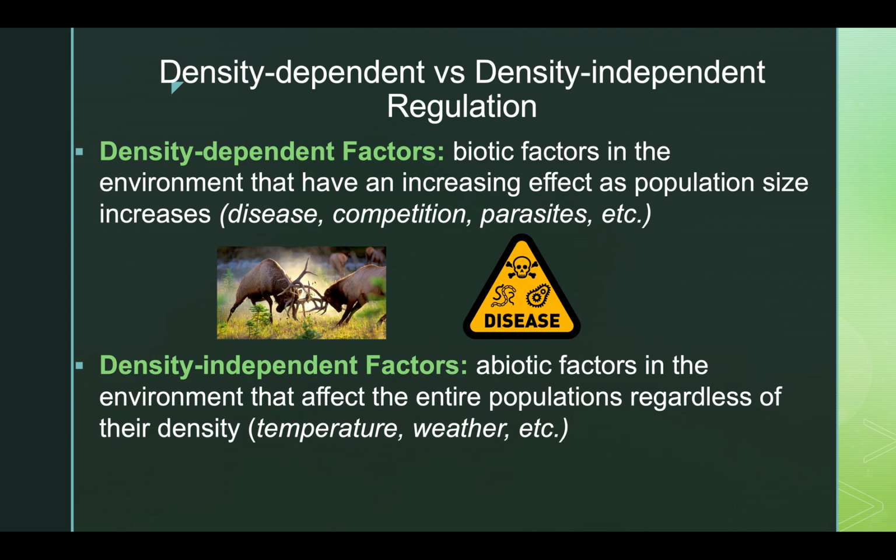Or, we talk about some animals that maybe have great population growth in warm temperatures, but die off when it gets really cold. That temperature is going to get cold regardless of how many individuals there are in that population, right? So when we talk about density independent factors, those are abiotic factors that really couldn't care less about how many individuals there are in the population.